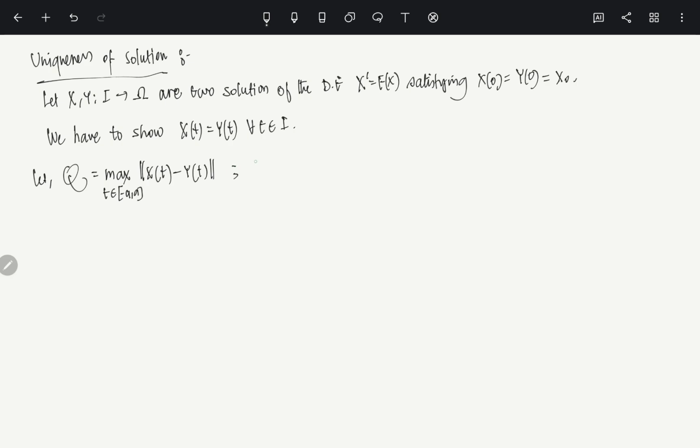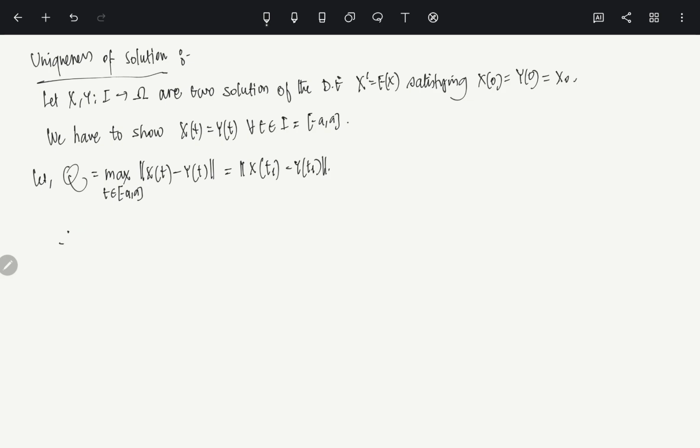Clear? Now let's say that this maximum is attained somewhere at the point t1. So t1 is in minus a to a.